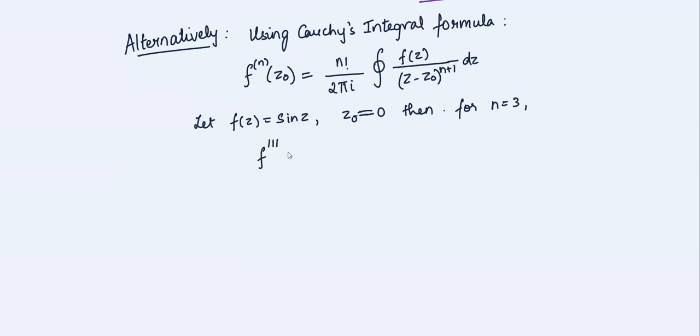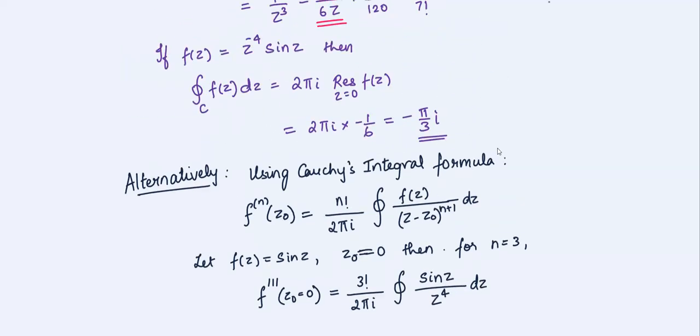So the third derivative at 0, where n is 3, is 3 factorial by 2 pi I times the integral of sine z by z power 4 dz. This is what we want.